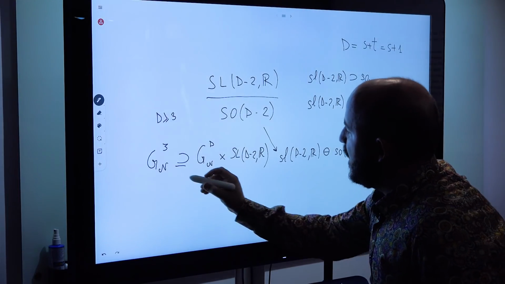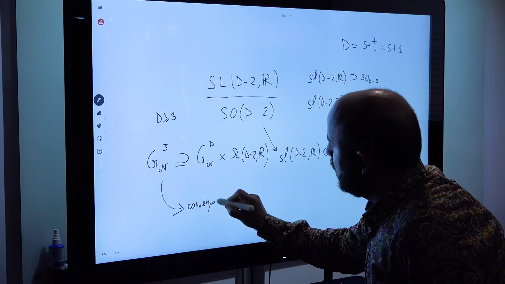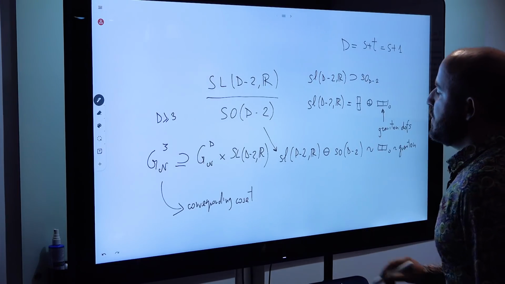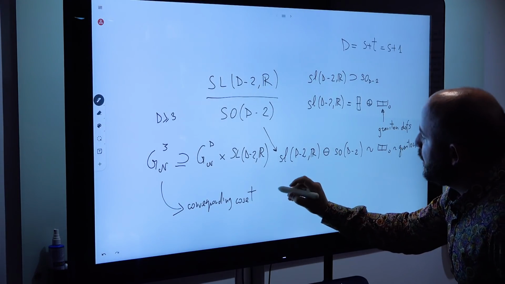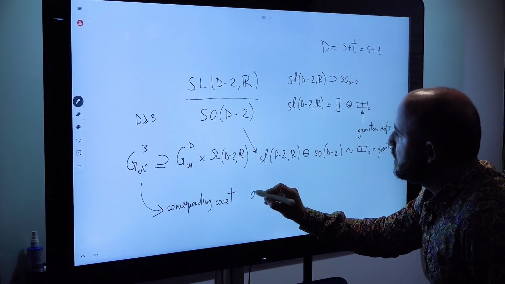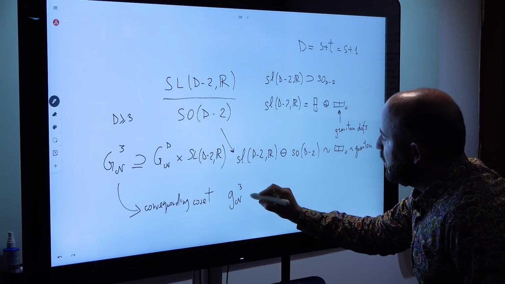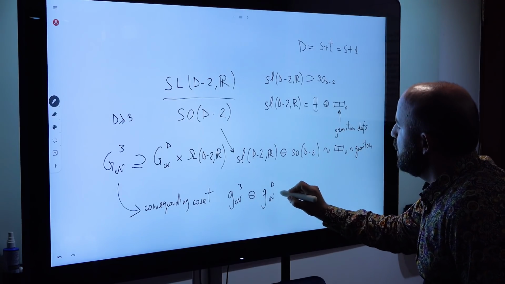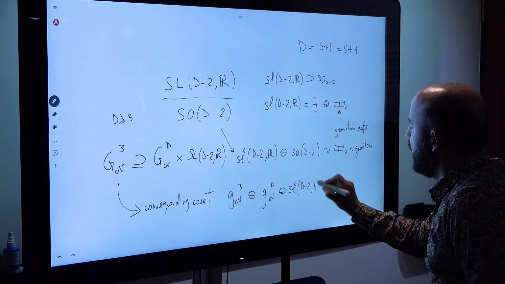We can write the corresponding coset, and let me write the corresponding algebra of the coset. So it is G_{n,3}, this is the Lie algebra of G capital, and this is G_{n,d} plus SL(d-2, r).